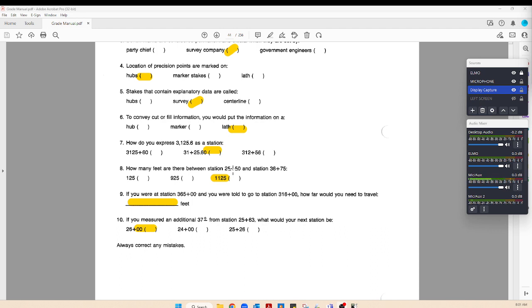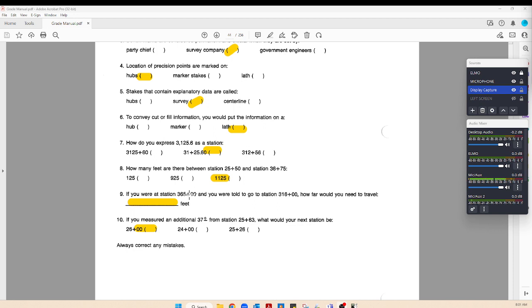Take the station numbers and do it like this: 3675 minus 2550 equals 1125.